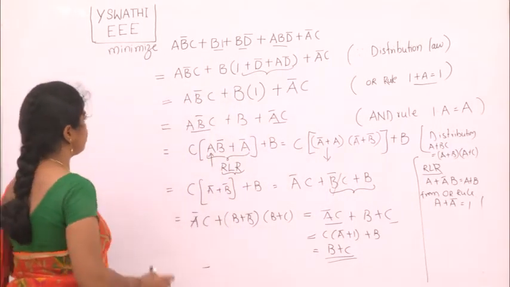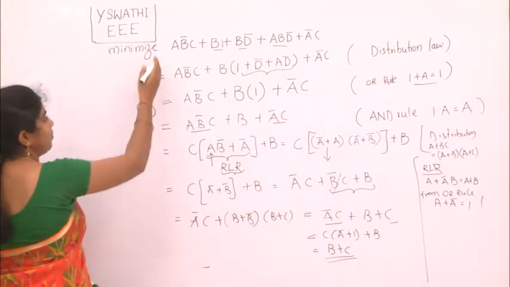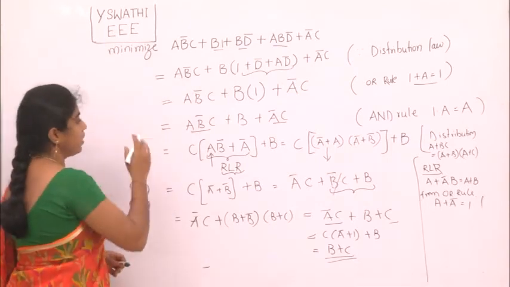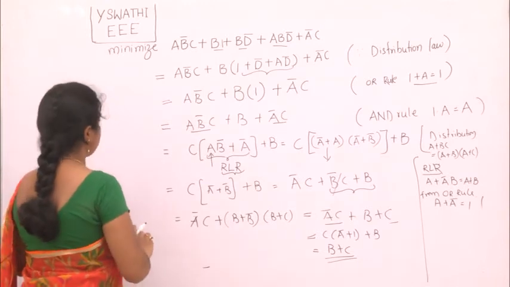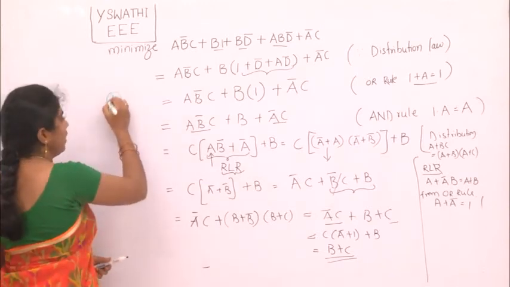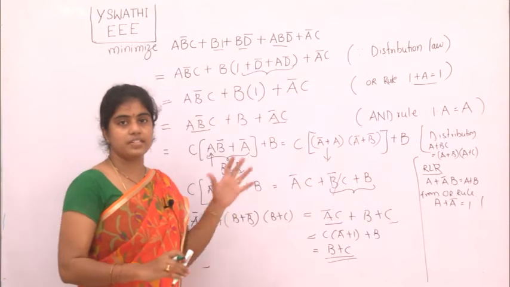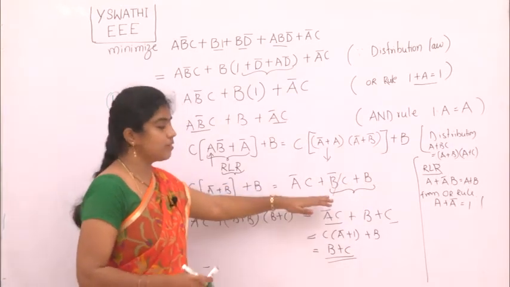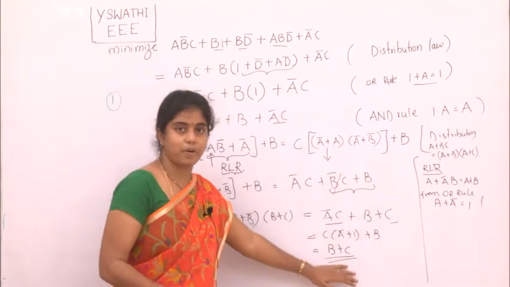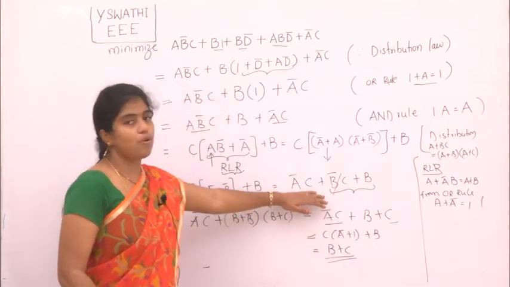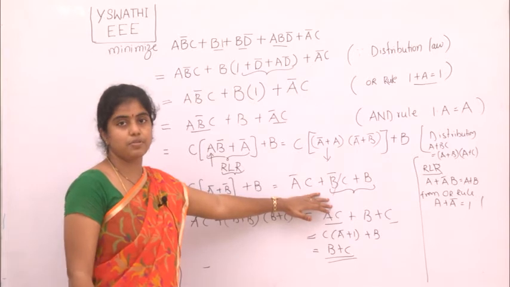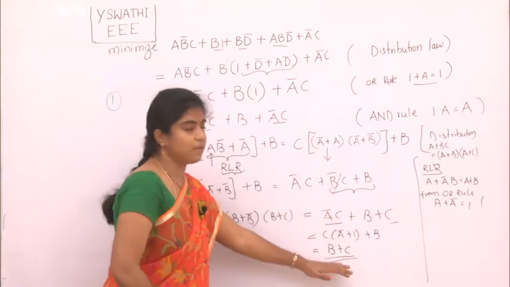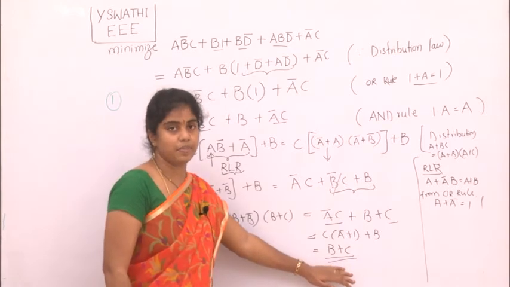Now we'll see that from this Boolean algebraic minimization we can conclude some things. First, if two people are solving the same problem, one might end up at this point and some people can go up to this point. There is no hard and fast rule that everybody should follow this procedure to reach this minimal expression.